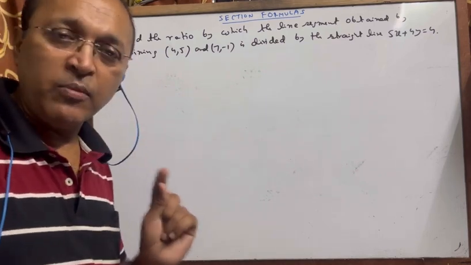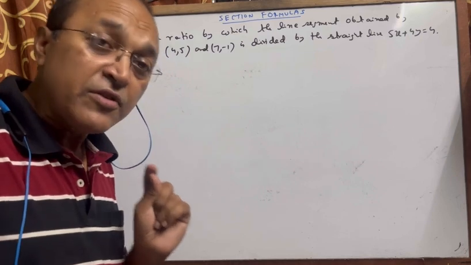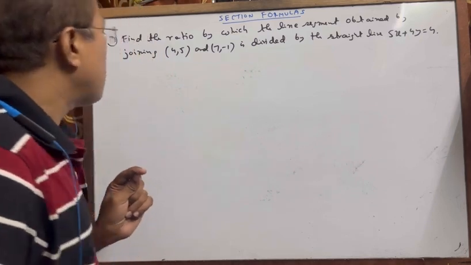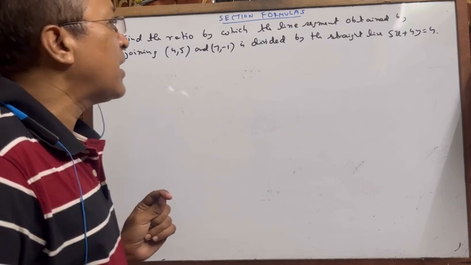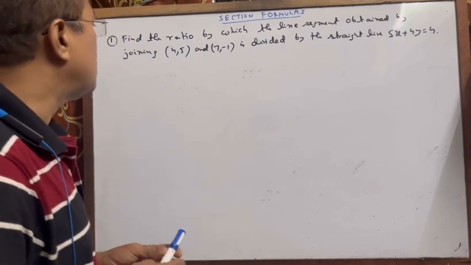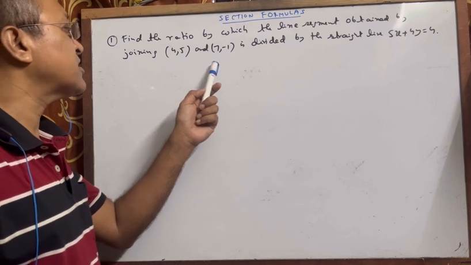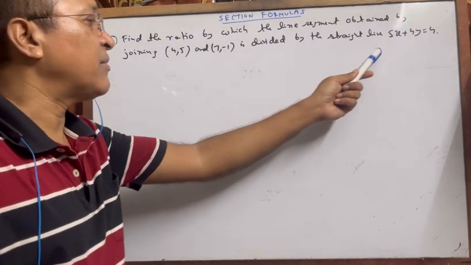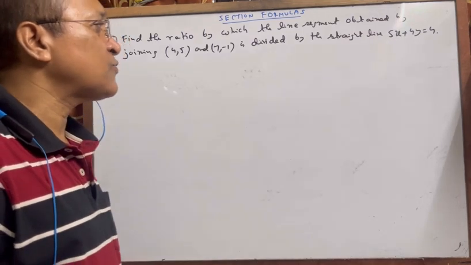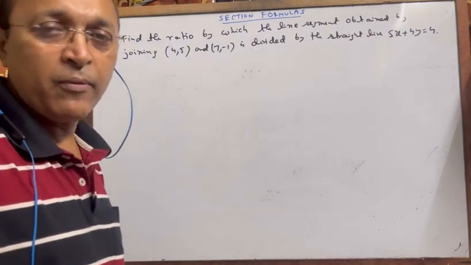First, go through the problem carefully. What is given? Find the ratio by which the line segment obtained by joining (4, 5) and (7, -1) is divided by the straight line 5x plus 4y is equal to 4.